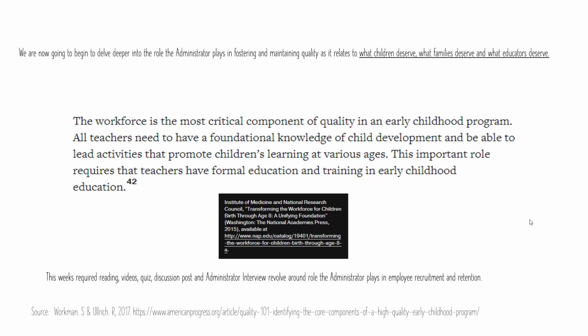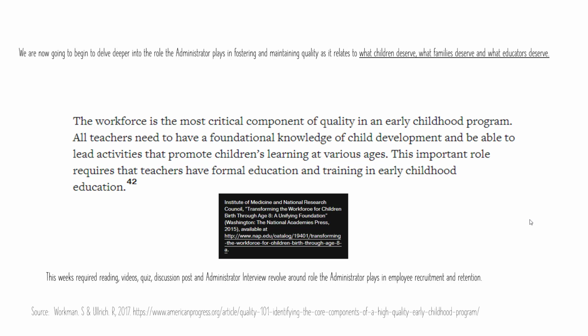In Workman and Ulrich, they identified that the workforce is the most critical component of quality in an early childhood program. And this comes directly from Transforming the Workforce for Children Birth Through 8: A Unifying Foundation. So you can go on and you can access this as a resource as well.